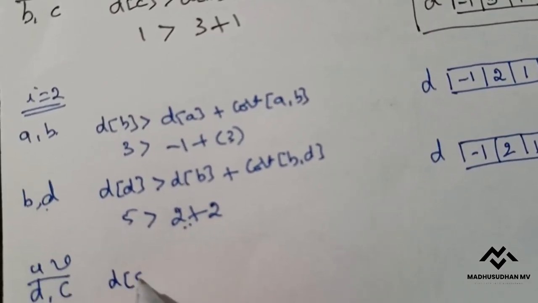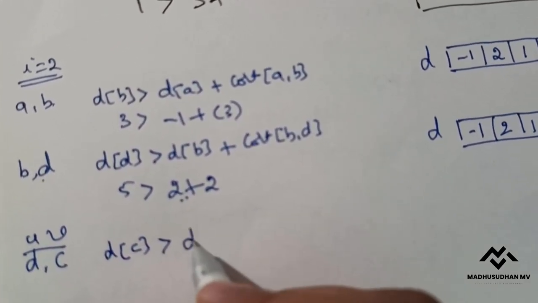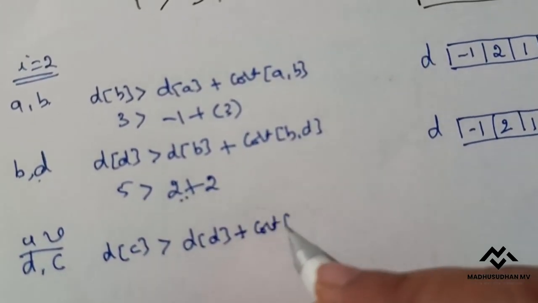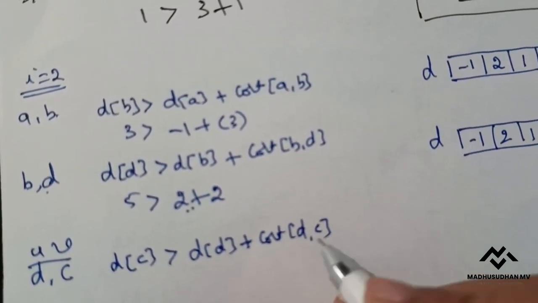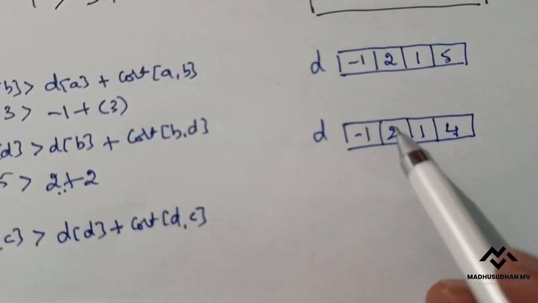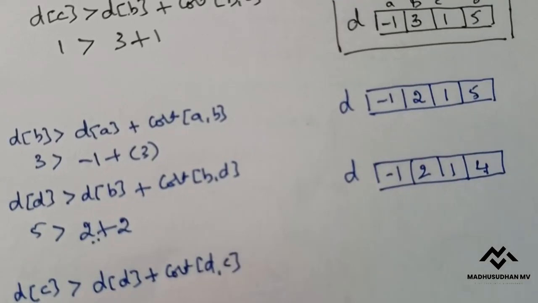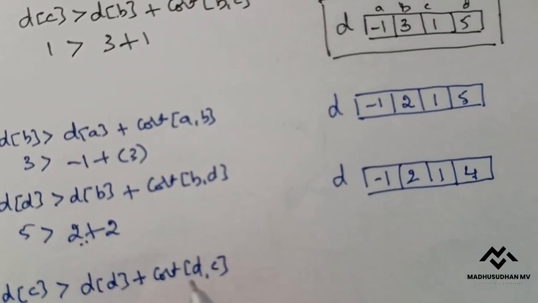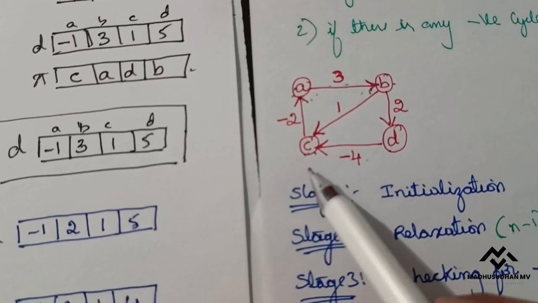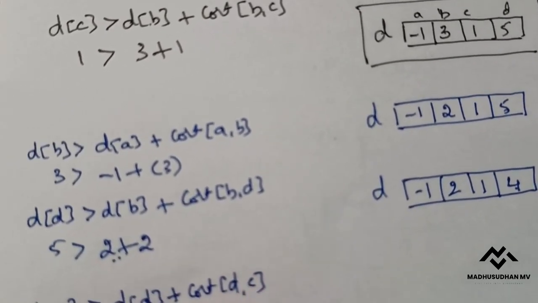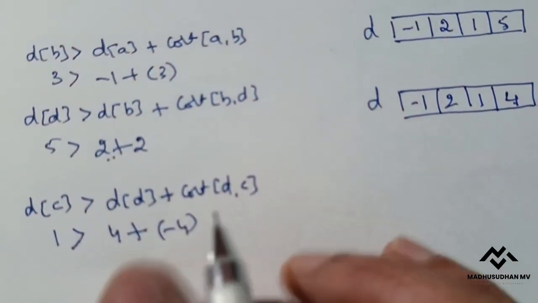So distance of C greater than distance of D plus cost of D comma C. Distance of C is 1, greater than distance of D, which is 4, plus cost of D to C, which is minus 4. So 4 minus 4 is 0. 1 greater than 0, so 0 is the minimum.